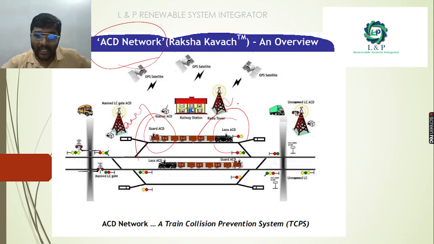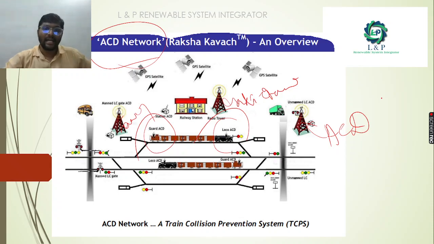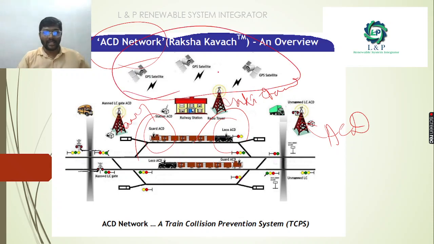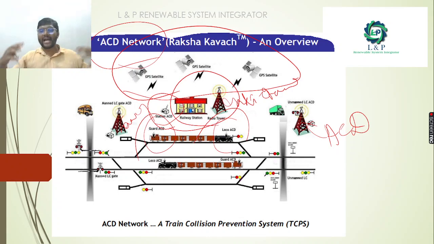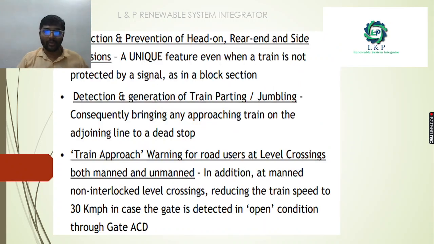We have a radio tower, and we also have the unmanned anti-collision devices, GPS signals, track side. So this is how the anti-collision device network looks. We have station anti-collision devices, we have railway stations. All these things play a very important role as part of the network, okay.